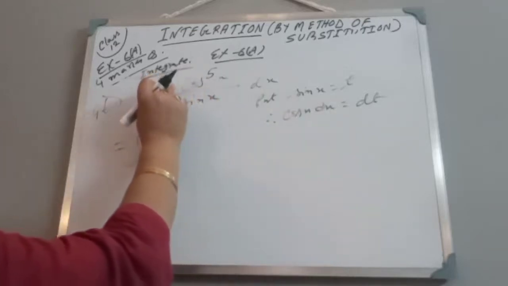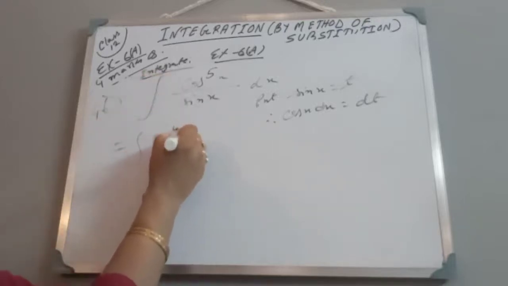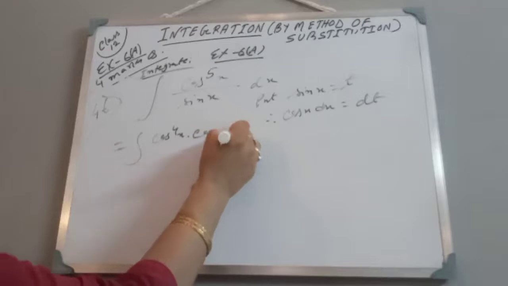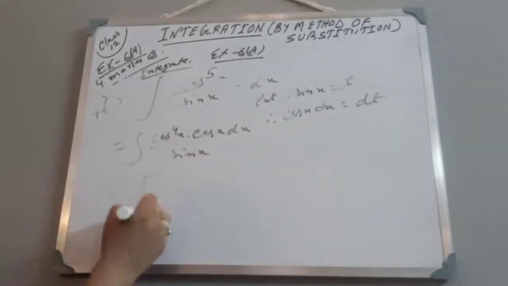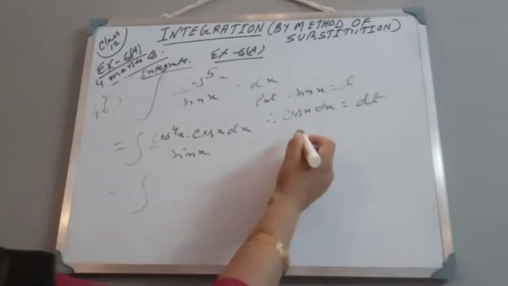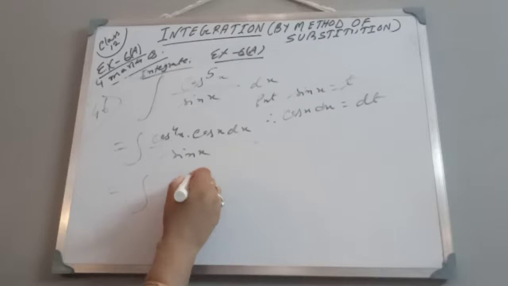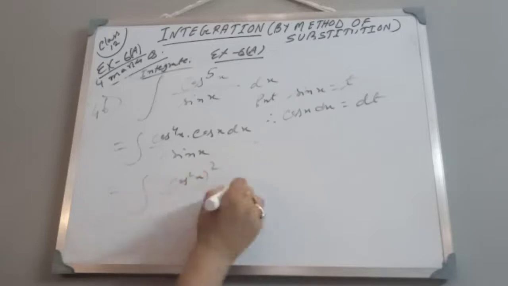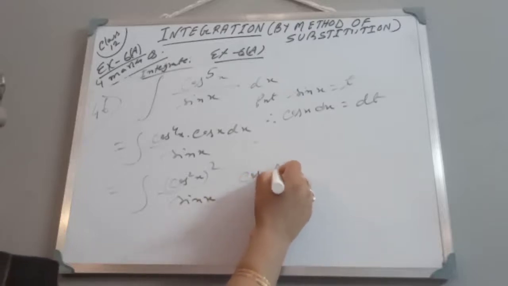So we will simply break this cos to the power 5 as cos to the power 4x into cos x dx. Then it will be simple for us. Integral cos x dx we can put as dt, and cos to the power 4x we can write as cos square x whole square by sin x, and here it is cos x dx.